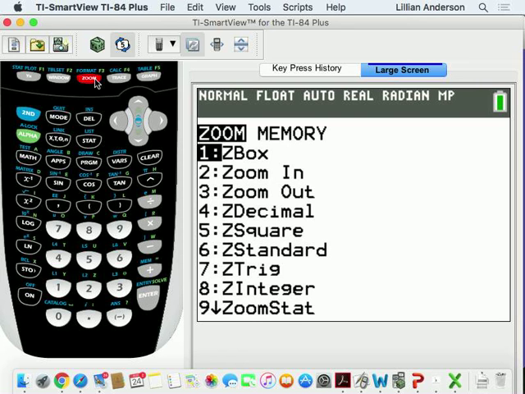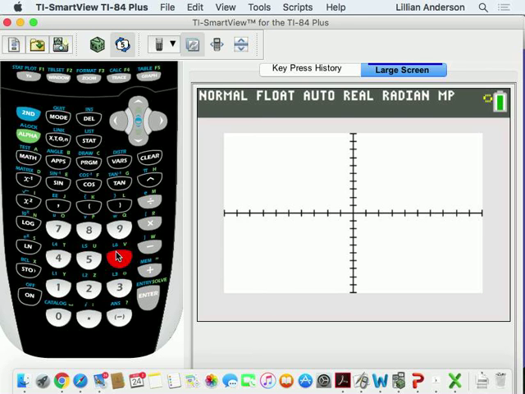You can zoom in, zoom out, change decimal, go to the square window. The one we want is standard. So you just press 6. 6 takes you automatically there. You can scroll down to 6 and then press enter. Basically, it takes you to a standard negative 10 to 10, negative 10 to 10 window. Does everybody's graph look like this?